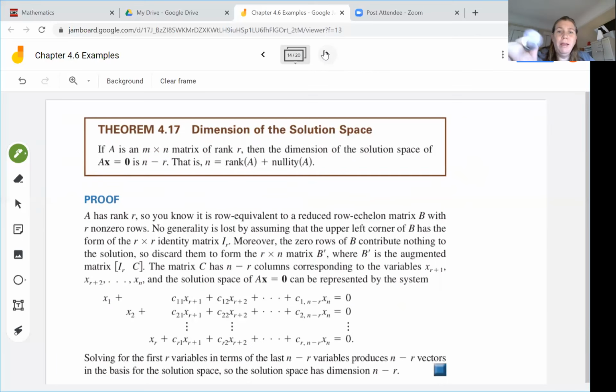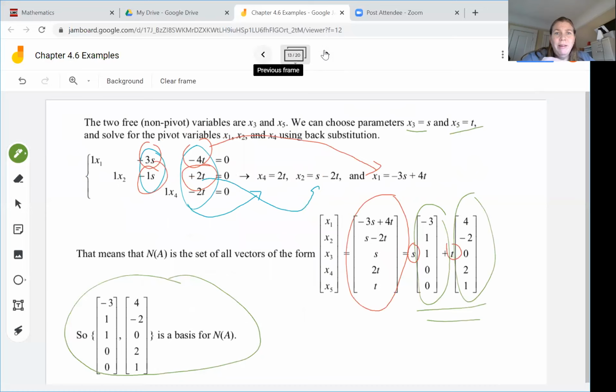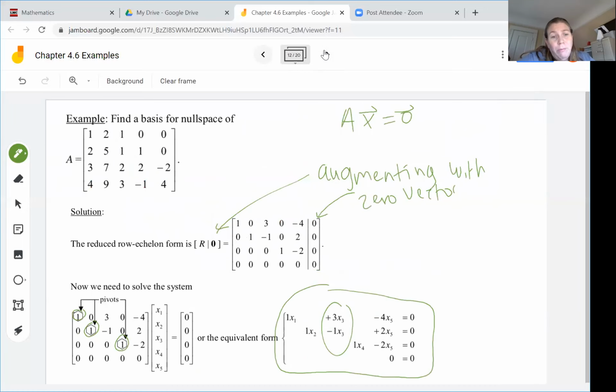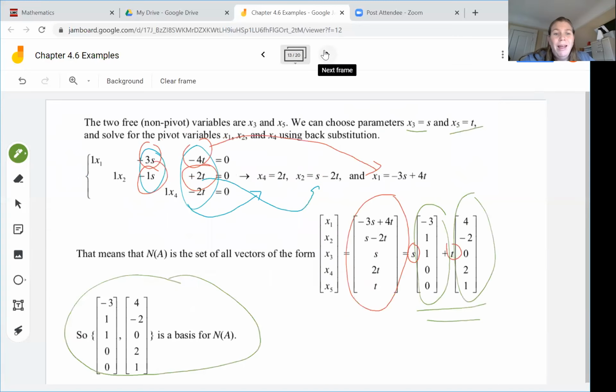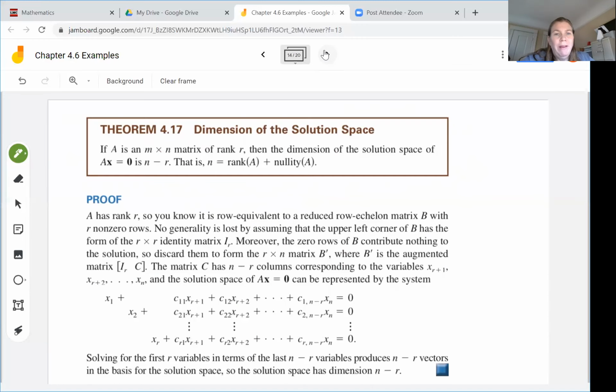Coming back to our previous example, this matrix had 3 pivots, so it had rank 3. It had 5 dimensions because it was a 5 by 5 matrix. And so the 5 dimensions minus the 3 pivots is 2. And we see that there were s and t as the 2 free variables, and we had 2 vectors as the basis for our null space.